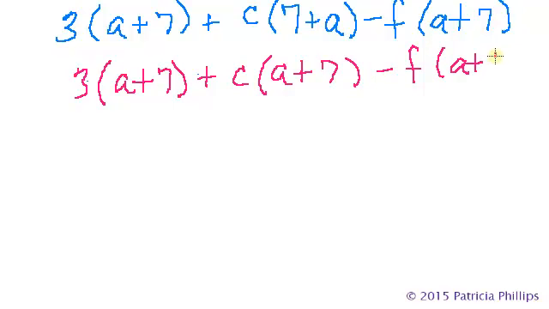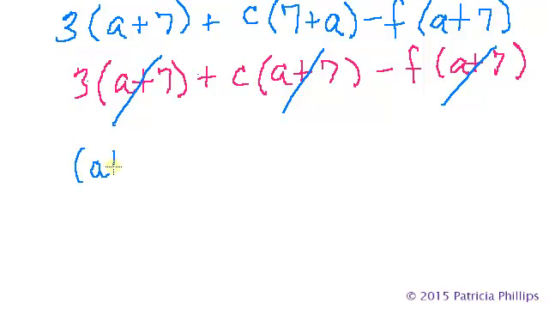And notice how I wrote the whole thing out. I like to do that. Okay, so you can see that these are all common. You keep your head clear, and you can think clearly when you write everything out. Okay, so we're going to remove a plus 7.